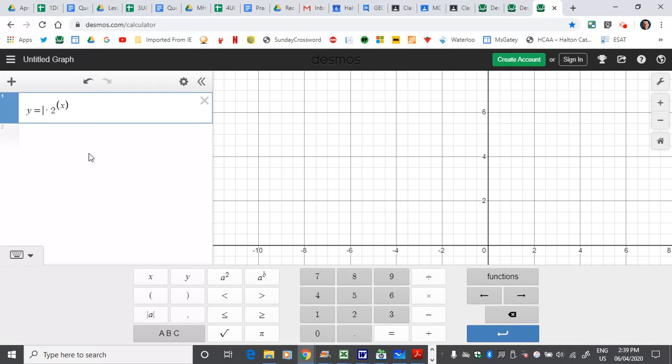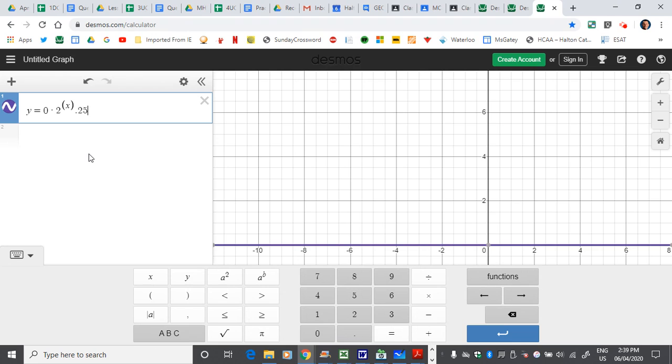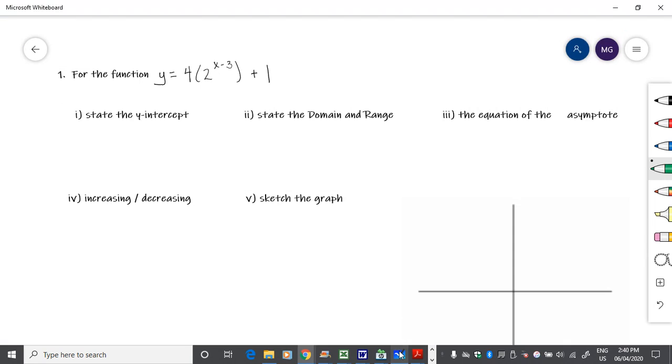If I was to then multiply that by a value less than 1, like for instance 0.25, then you'll notice that my graph has now been vertically stretched by a factor of 1/4. So all those transformations that we worked with in the past come back to play now.